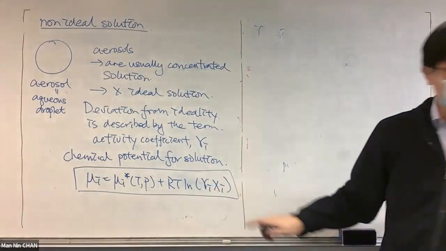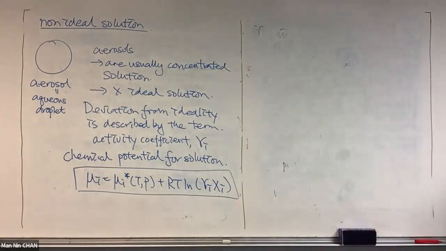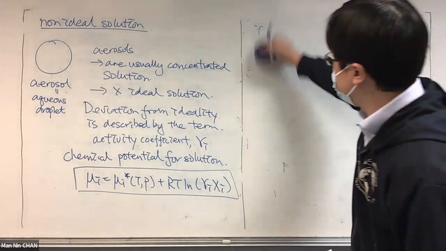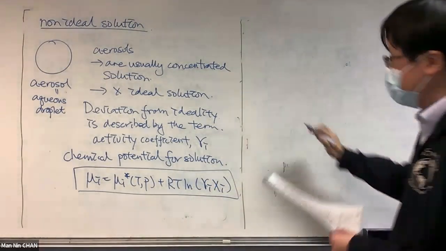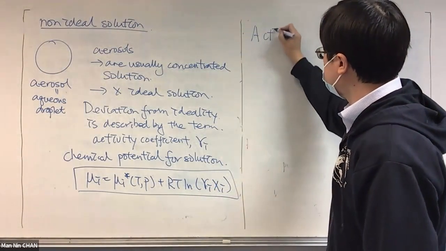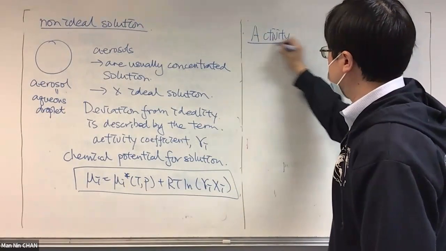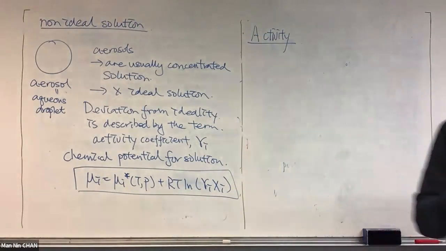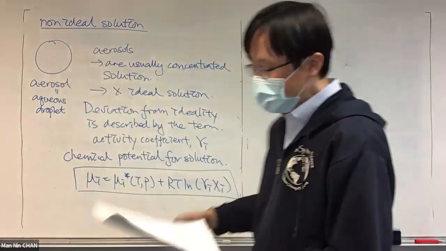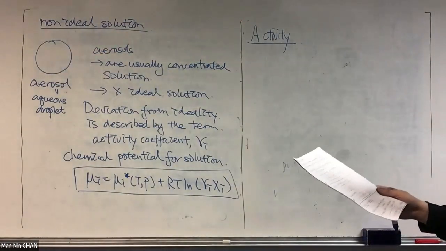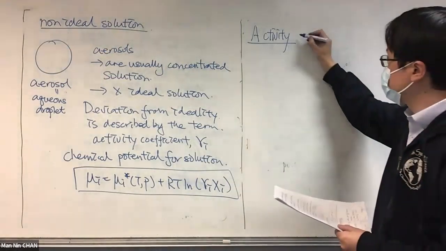This is the concentration term, right, like the mole fraction or molarity. But the one thing more precise to describe is that we use the term called activity, because you have already corrected this non-ideal situation, right? In case it's significant. So therefore, usually we talk about the activity.